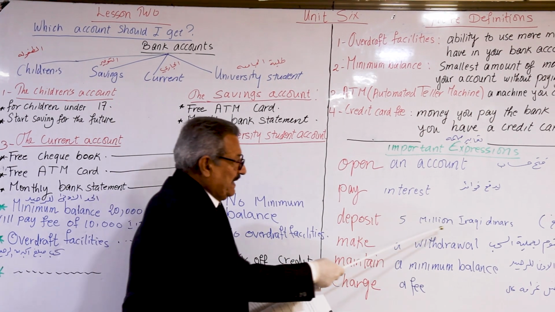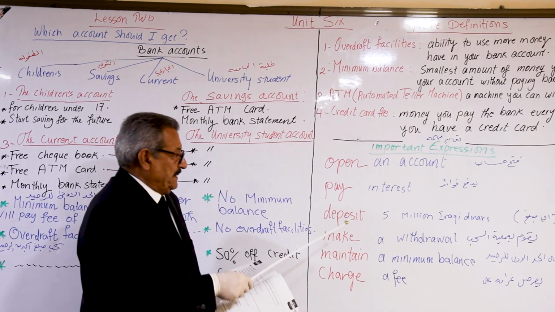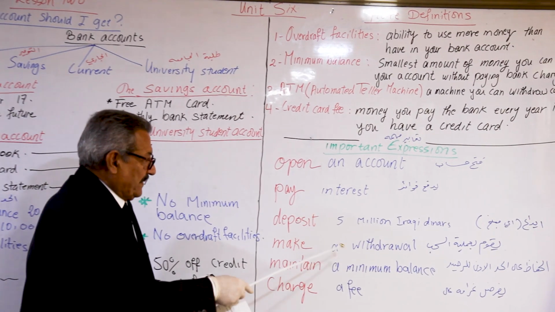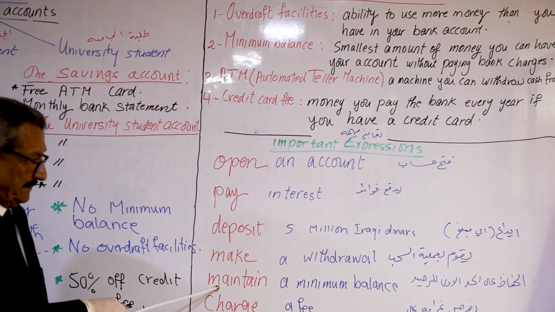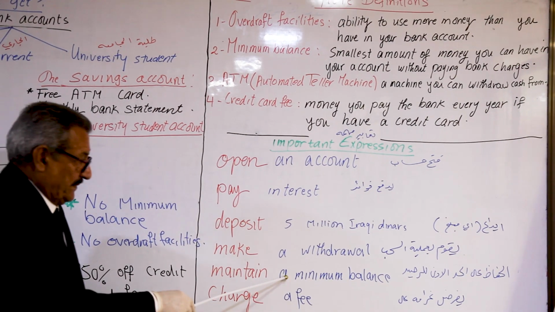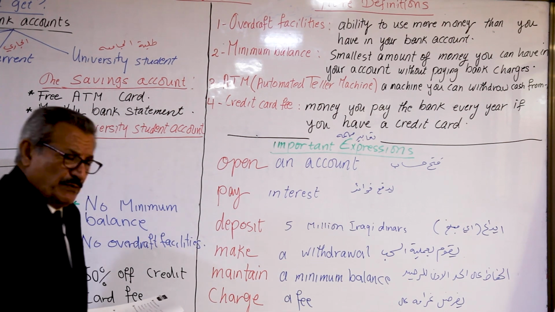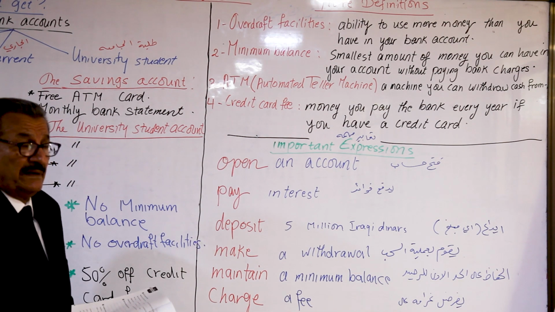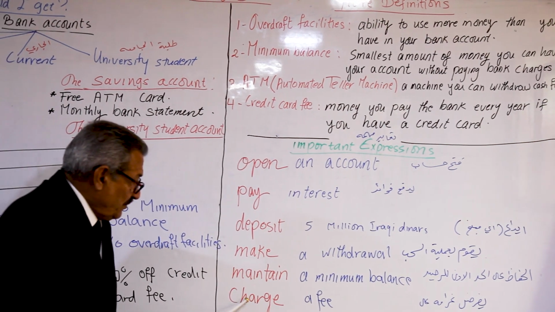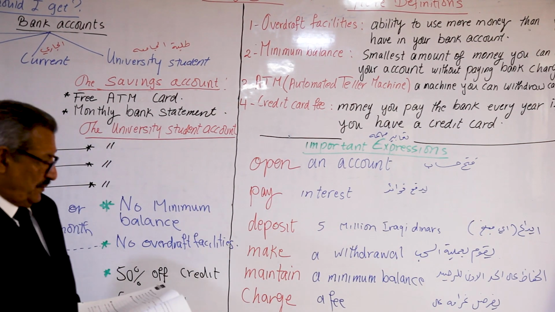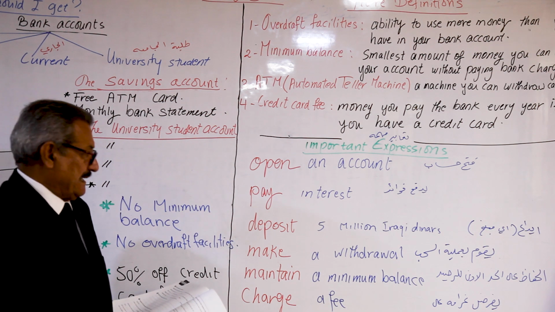Deposit 5 million Iraqi dinars. Make a withdrawal. Maintain (الحفاظ على) a minimum balance. Why should we maintain a minimum balance? To avoid the fee. Charge a fee (يفرض غرامة).